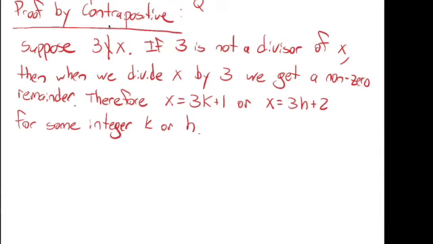So in other words, we can write this number x as 3 times a constant plus a remainder, which in this case would be either 1 or 2. So supposing that 3 is not a divisor of x, it is logically equivalent to saying that statement there.